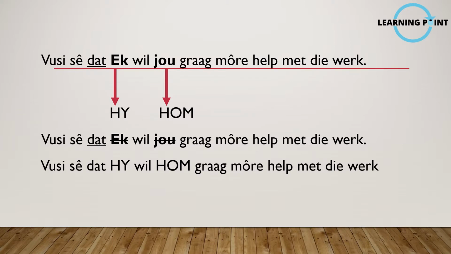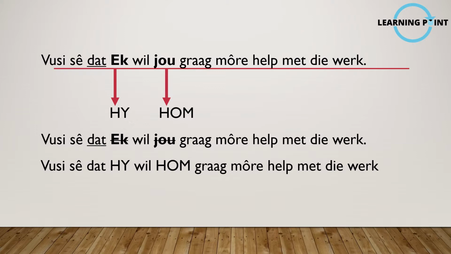So in that sentence, my pronouns would be ek and jou. So if we go back to my previous slide, to the table, then we look at ek and we also look at jou. So then we find ek, it's there in number 1, and then it changes into hy or sy depending on the gender of the person, and jou changes to hom or haar depending on the gender of the person.